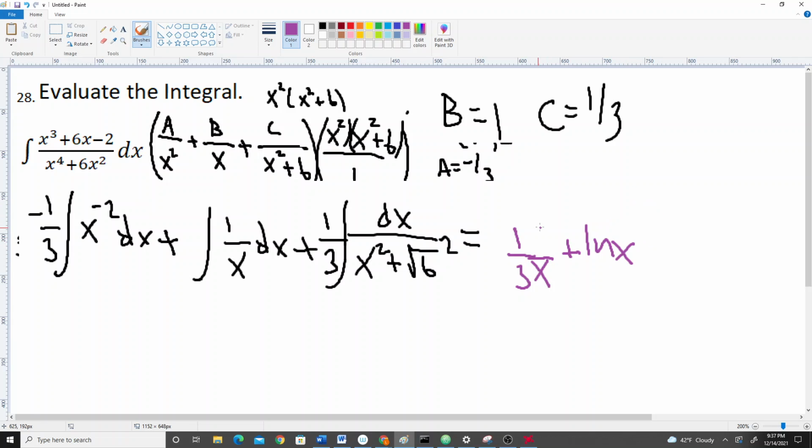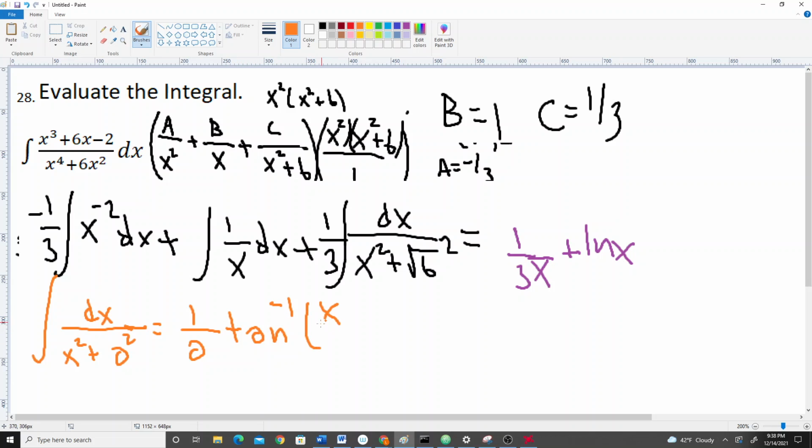And then this one right here is a good one to become familiar with. You'll see this in the future more. Whenever you have the integral of 1 over x squared plus a squared, a is some constant, dx, the answer is 1 over a tangent inverse x over a.